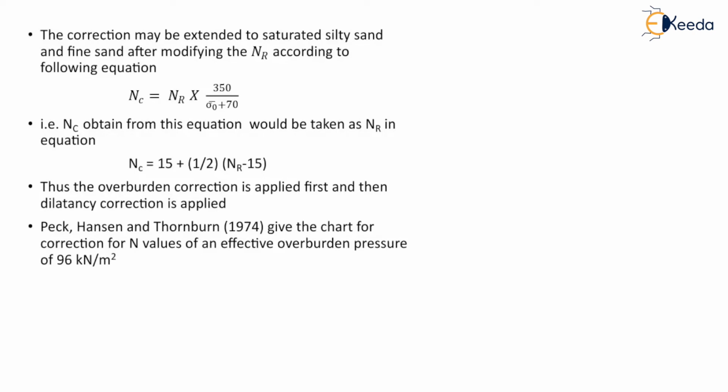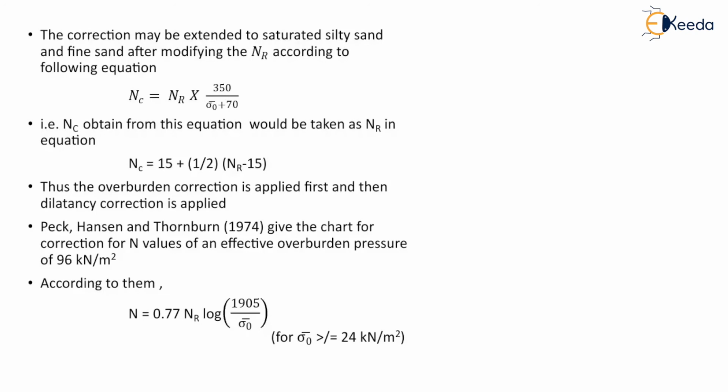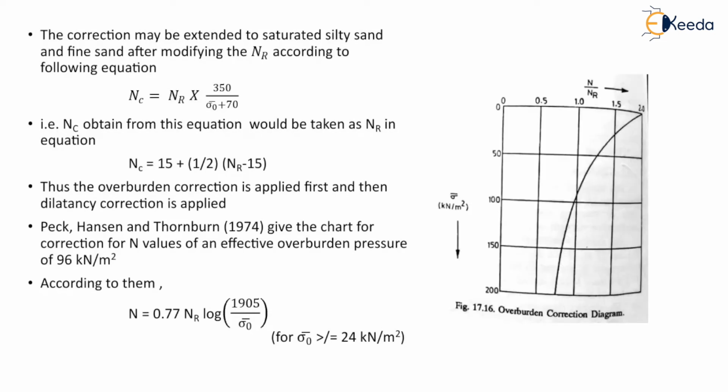Peck, Hansen and Thornburn in 1974 gave the chart for the correction of N values to an effective overburden pressure of 96 kilonewton per meter square. According to them, N is equal to 0.77 NR log (1900 divided by sigma naught bar) for sigma naught bar greater than or equal to 24 kilonewton per meter square.